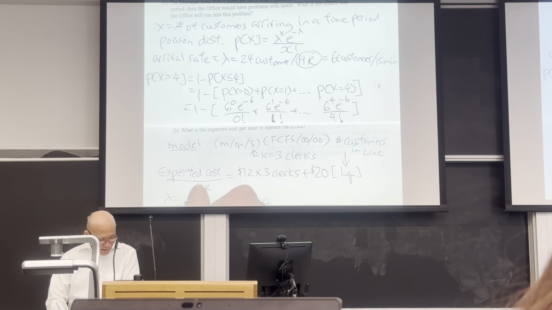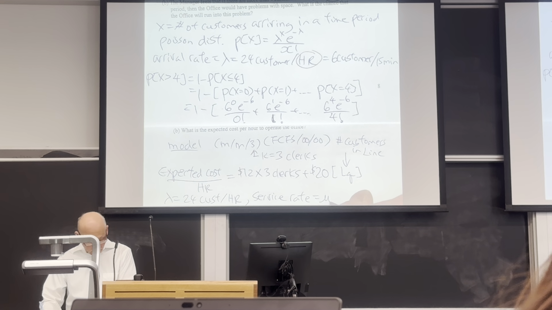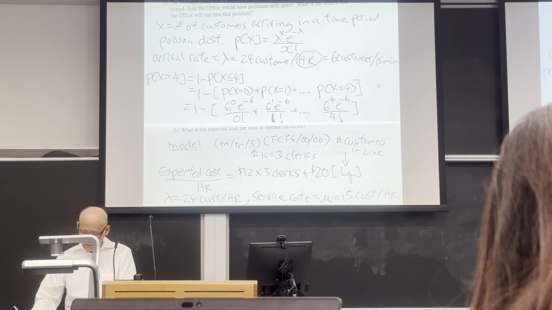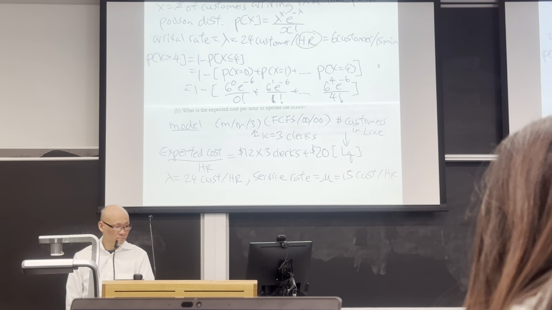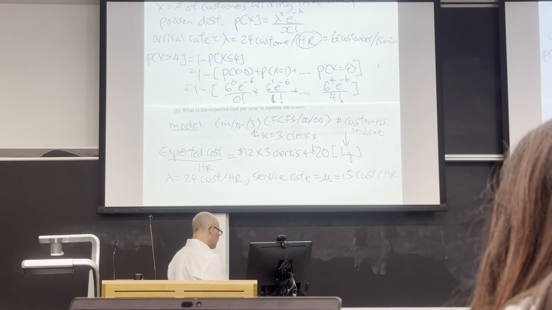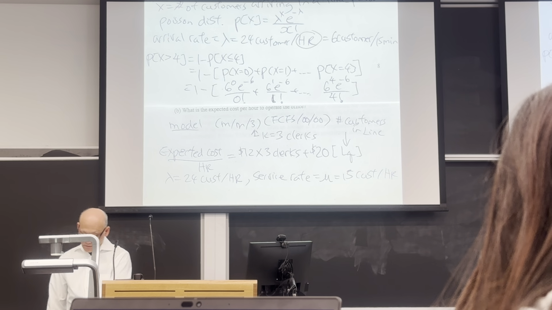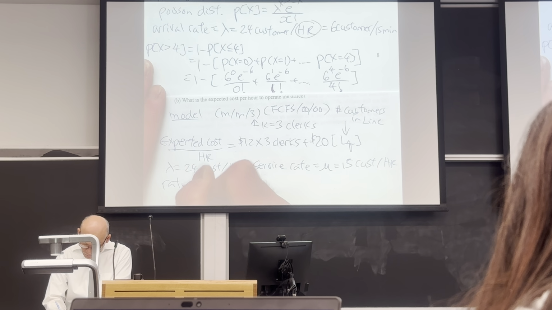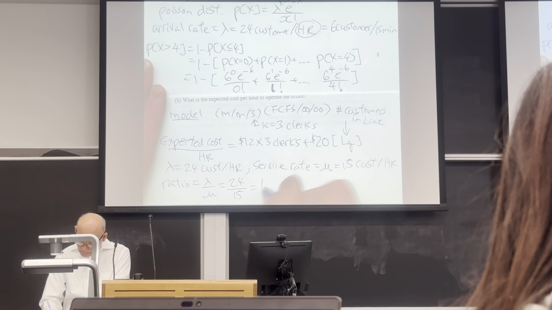So lambda in the problem is 24 customers coming per hour. And we already know from part A the service rate mu is equal to 15 customers per hour. So the ratio of lambda over mu is 24 over 15, and that's 1.6.